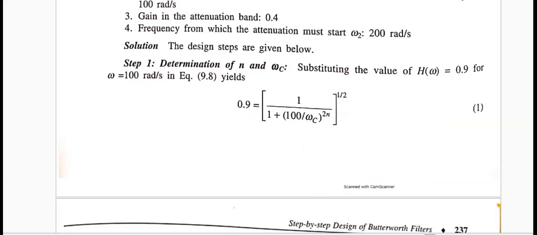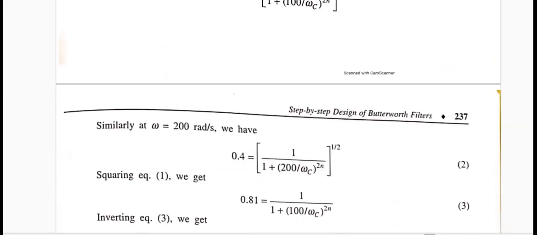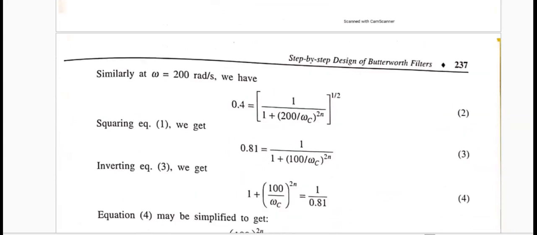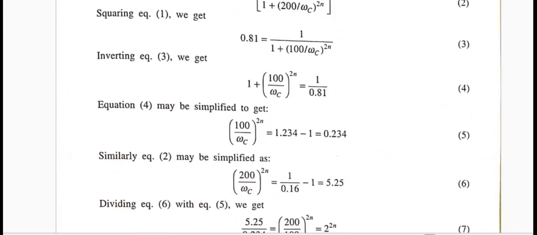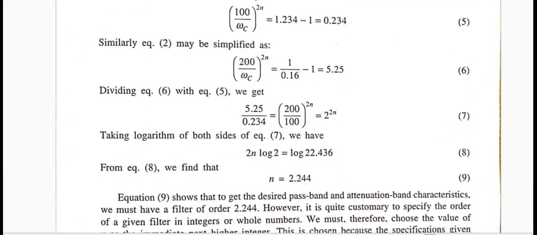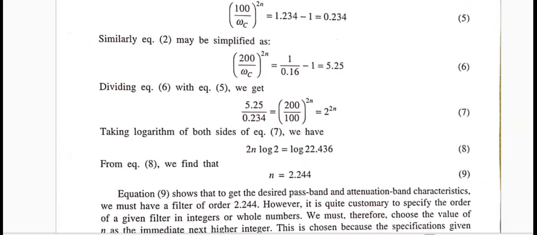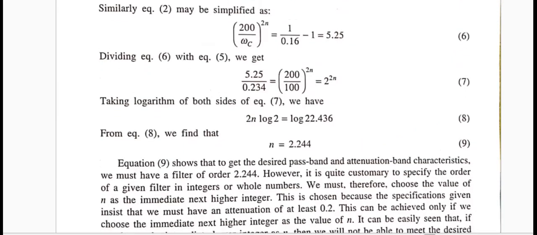For the two cases, we can write two equations, equation number 1 and equation number 2. By solving these two equations, we can find two values. So first of all, we find the value n is equal to 2.244. That is the value we have found. At this moment, omega c is unknown.